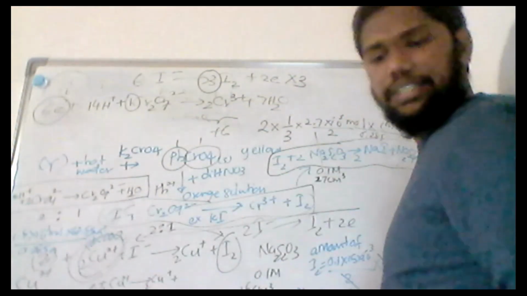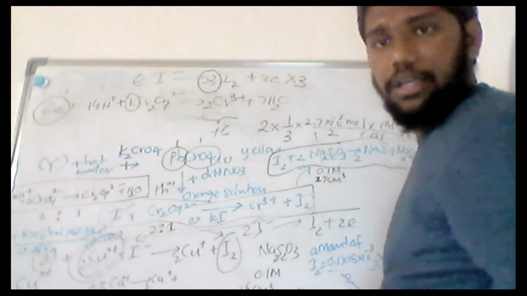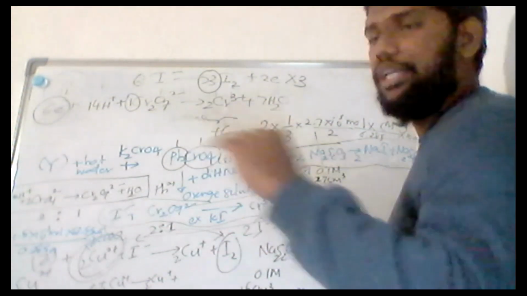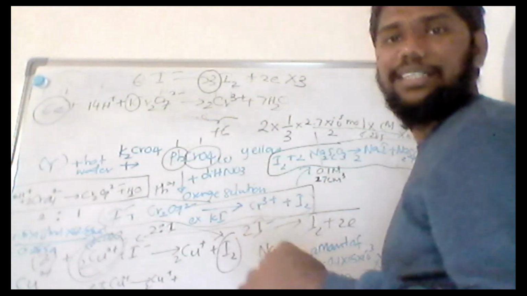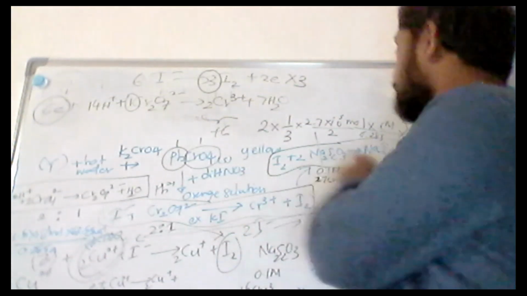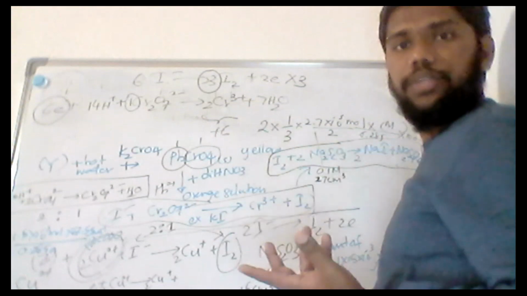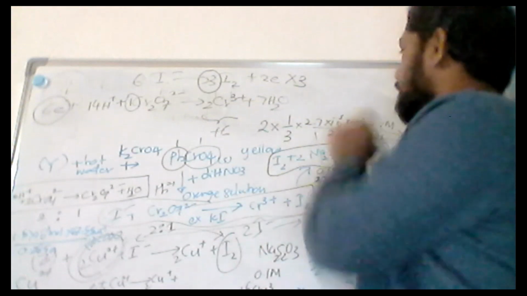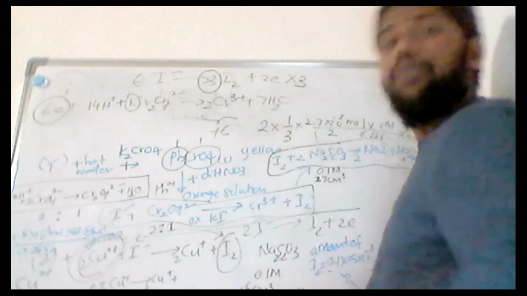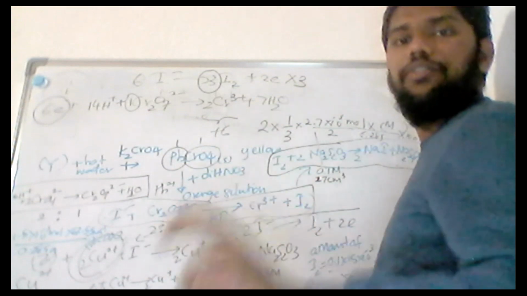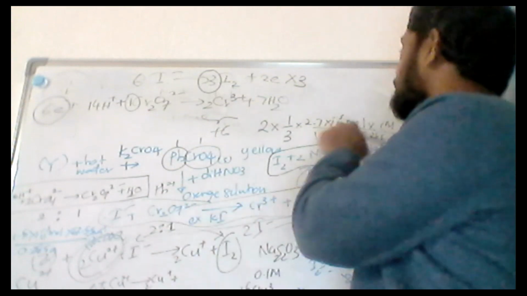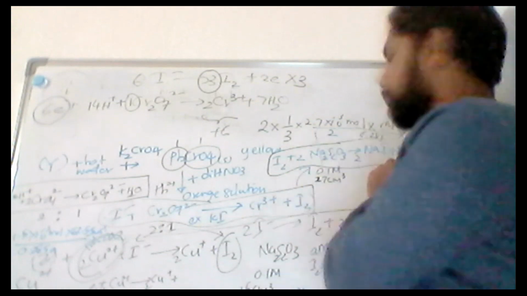Okay, so this is a very simple calculation, but don't forget you have to write down each and everything as a step. You have to write down this equation first and calculate the number of moles of sodium thiosulfate. It is 2.7 × 10^-3. Then you have to write, therefore, the amount of I2 is 2.7 × 10^-3 divided by 2.